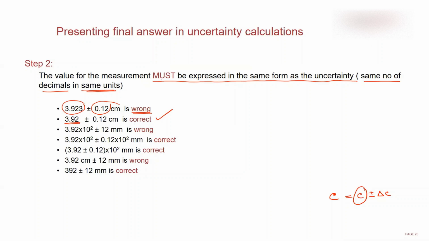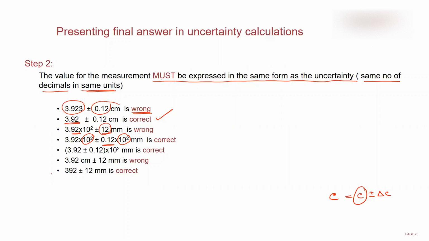If you consider the third one, you don't have any decimals here, but you have 2 decimals in the measurement. So to make it right, we multiply both. We keep this 10 to the power 2 common to both readings. So we make this 12 to 0.12 times 10 to the power 2.